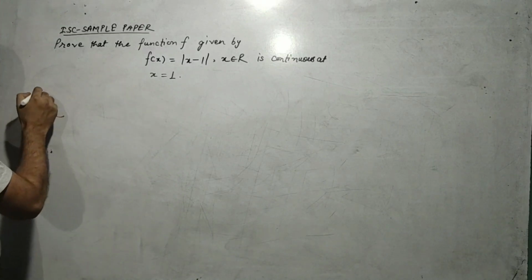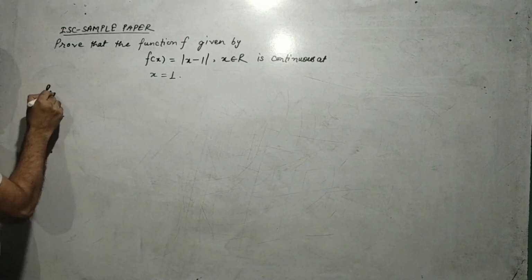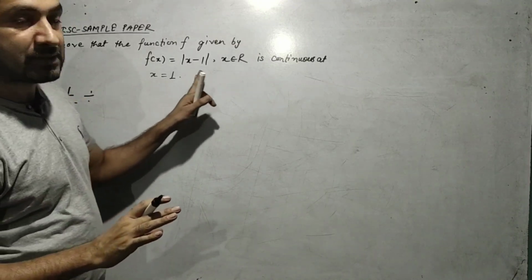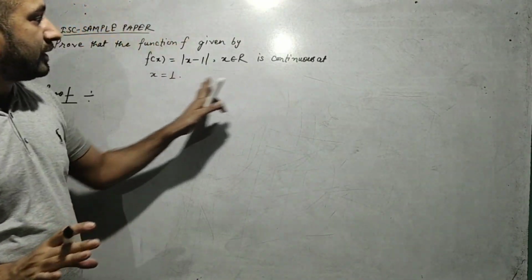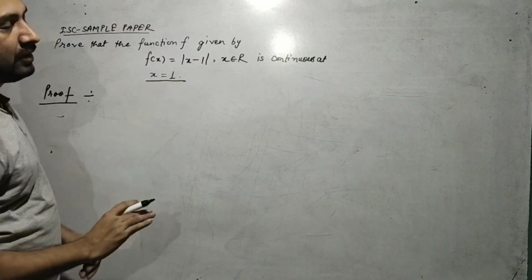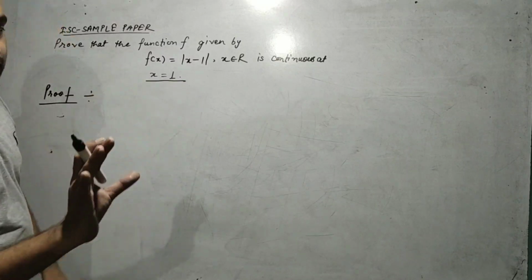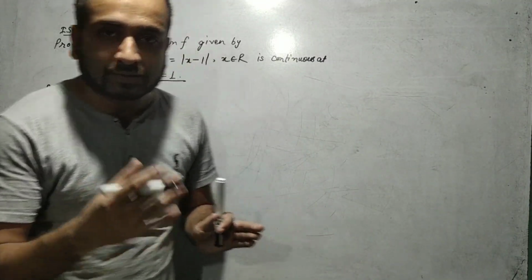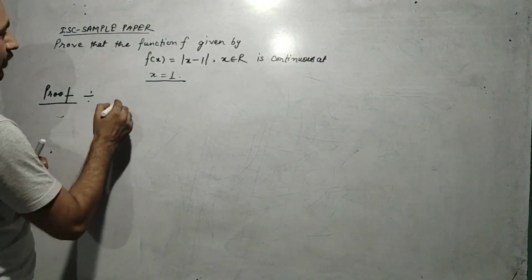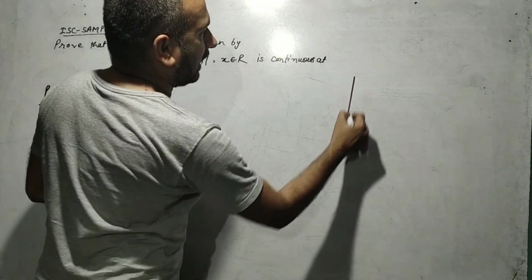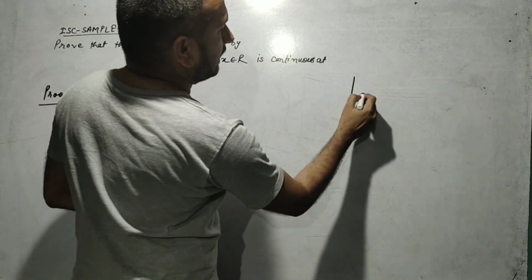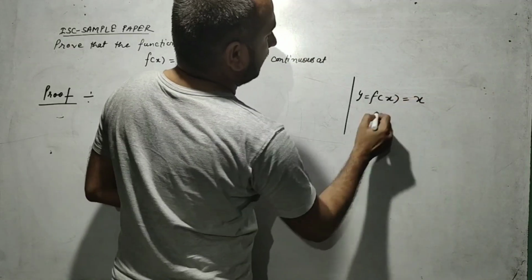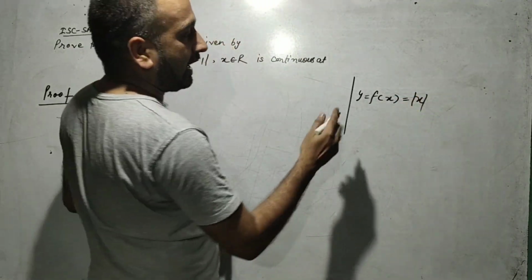So let's see here. At first we have to prove that this function is continuous at x = 1. Before this I will also introduce the modulus function. What is the definition of the modulus function? y = f(x) = |x|.